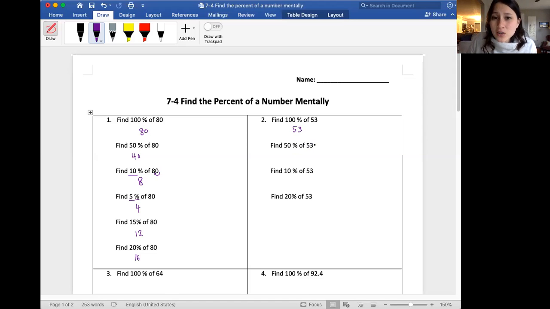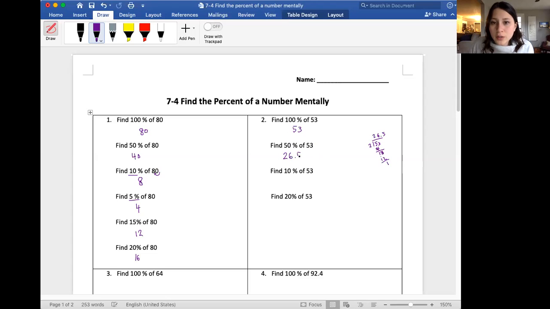So I know my answer is going to be about 25. Even if you have to work this out on the side, I know it says mentally, but you could work this out. 13, and 2 times 6 is 12, remainder of 1. So it's 26.5. So 50% of 53 is 26.5.